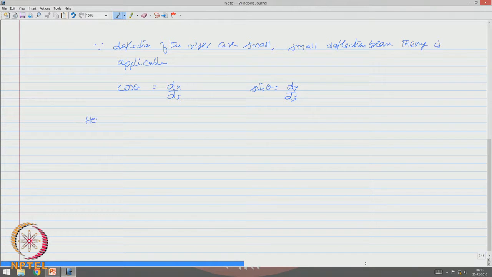Therefore, Mb, which is actually EI d theta by ds, can be expressed as EI d square x by ds square, equation 3.